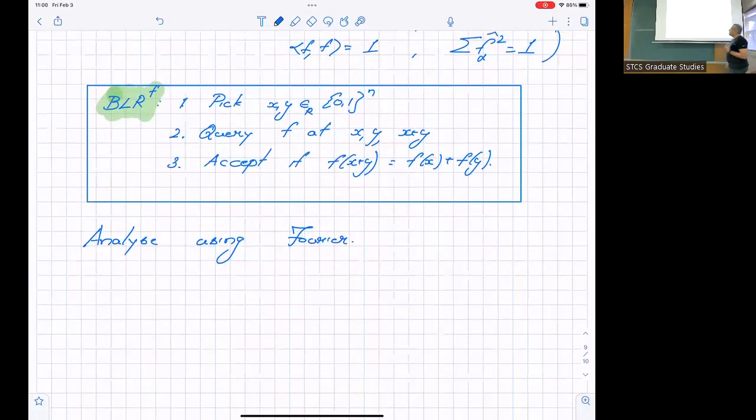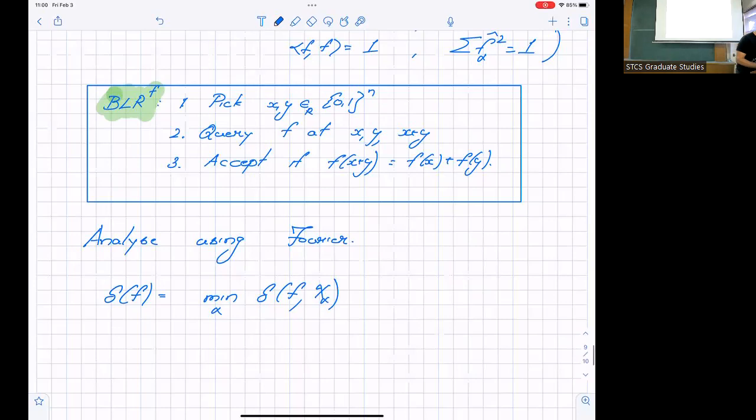So what do I mean by analyzing using Fourier? We have these two parameters, delta f and epsilon f. We want to write them in terms of the Fourier coefficients. So let's start off. What was delta f? Delta f, recall, was the minimum over alpha of delta f of L alpha. Previously I had written L alpha, but now because I'm working in plus minus 1, it's chi alpha.